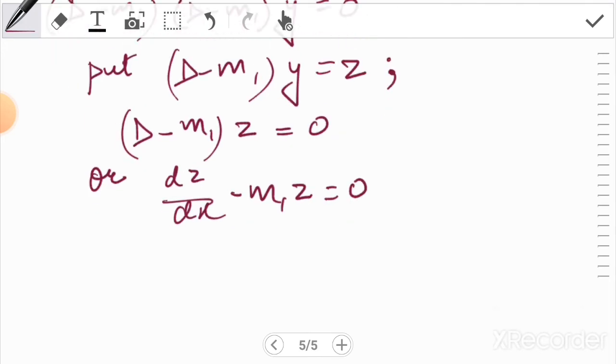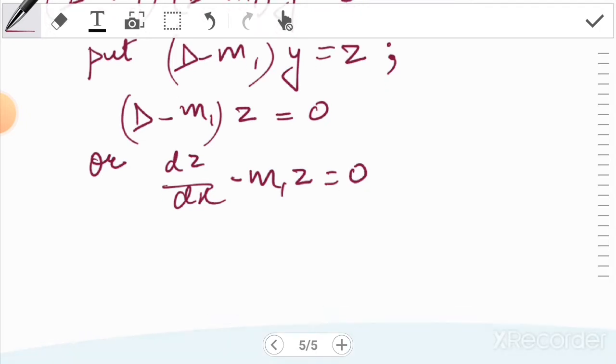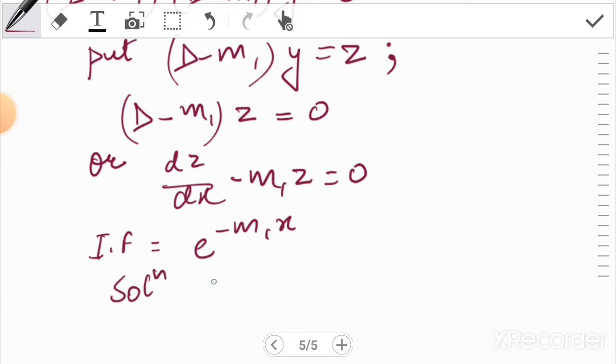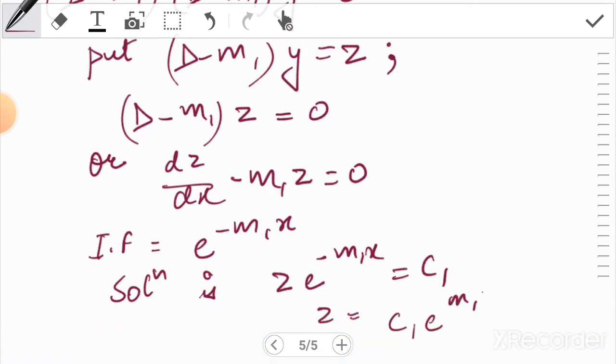So this is again a Leibniz linear equation in z. Then the integrating factor is e raised to the power minus m1x. Now its solution is z e raised to the power minus m1x is equal to c1, or z is equal to c1 e raised to the power m1x, right?